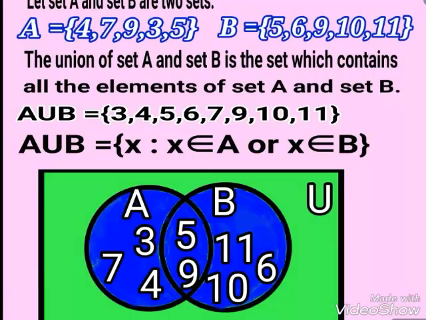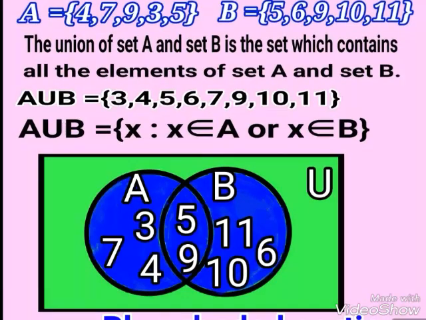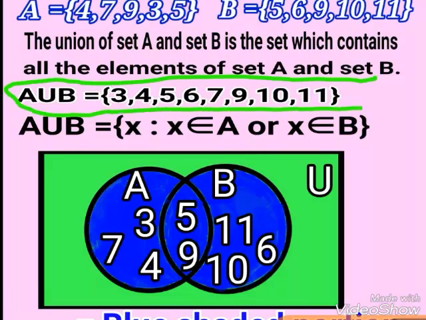We have here 5 and 9, two elements common in set A and set B. So we write these elements only once, not twice. So A union B is shown by this set.